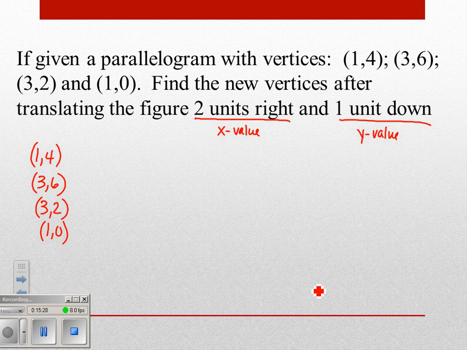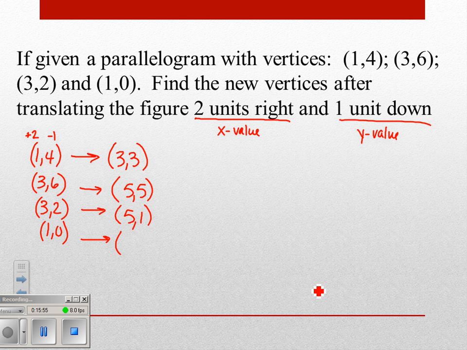So we're going to add 2, excuse me, the right is the positive direction, add 2. Now 1 unit down would be to lose 1 on the y column. So my new vertice here would be 3, 3. Here, 5, 5. 5, 1. And 3, negative 1. Okay, and if you did actually create that picture on graph paper, that should be where you end up unless we mess something up.